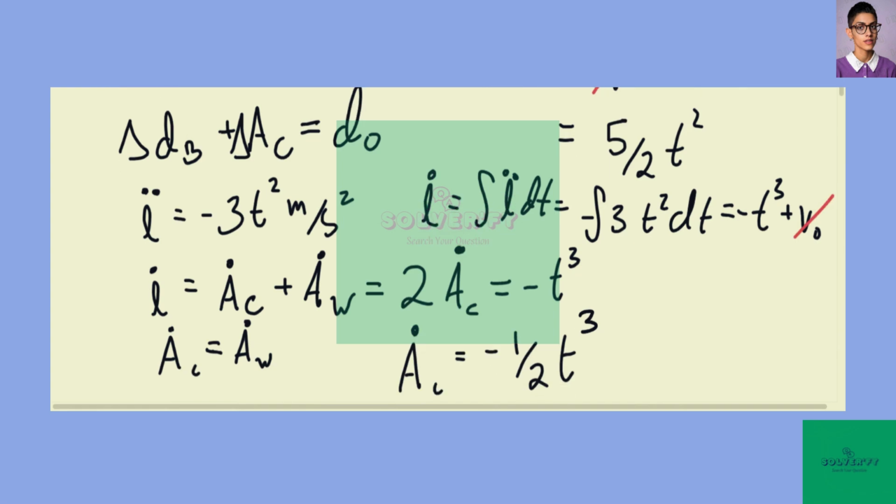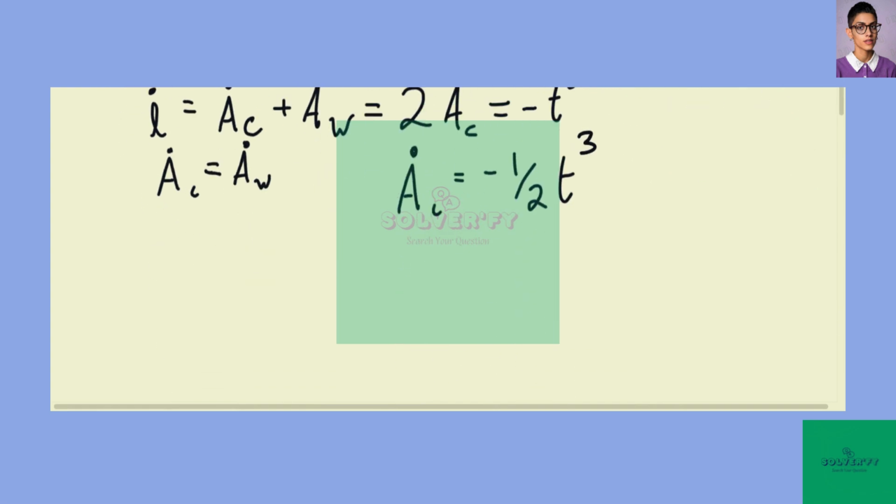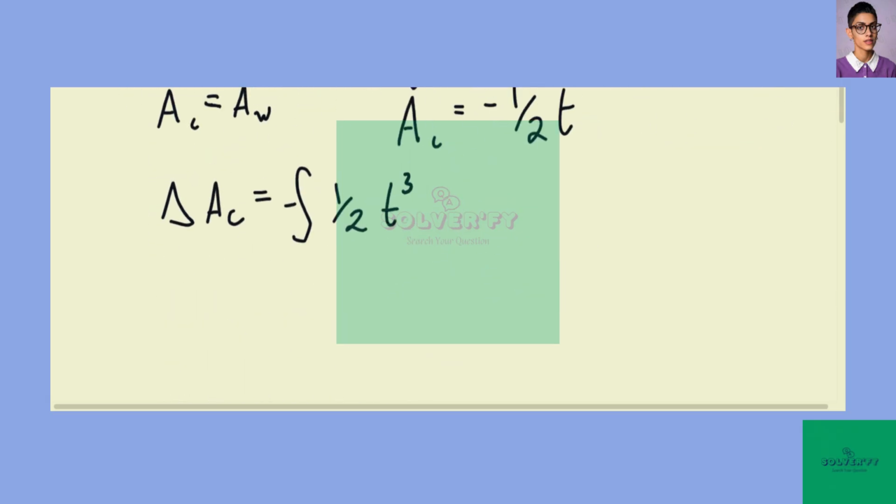Now, we have this time derivative, and so to get the change in AC, we'll just integrate this again. And since we only care about the magnitude of this change, we can take an absolute value here and just cancel out that negative.